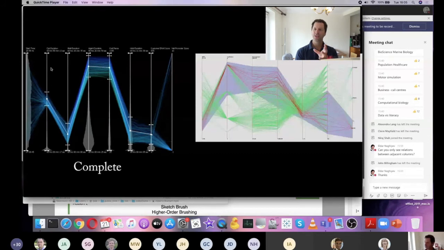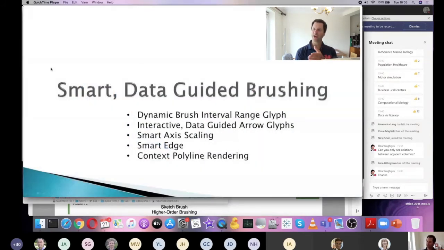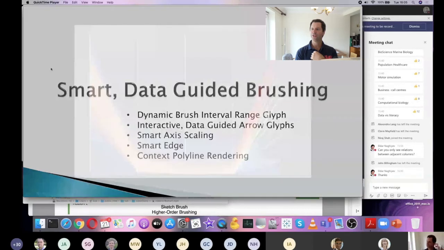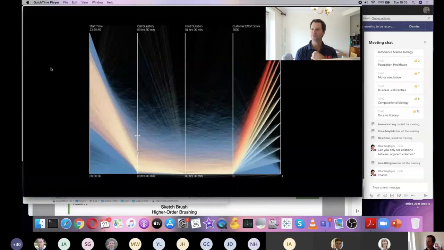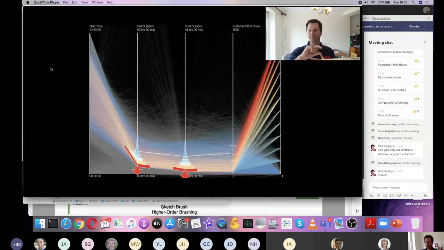These are basically enhancements to the basic idea. So we have this high-dimensional brushing technique, and now we can enhance it with some special features like these histograms. These histograms show the number of polylines that intersect the axis in a given interval, right?